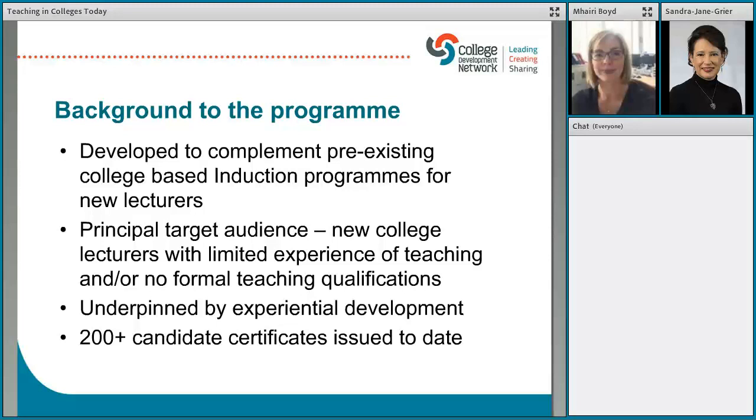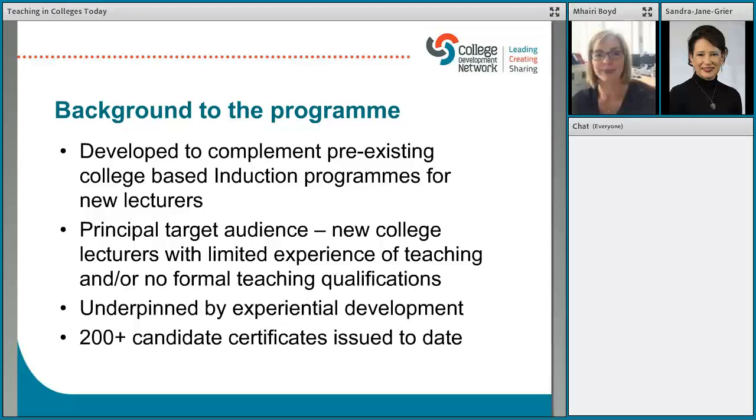We have a range of colleges currently using the TiCT materials, either formally delivering the unit within their colleges for new lecturers, but also informally for staff CPD purposes and updates, as its content aligns well with the current professional standards for college lecturers and also with the existing PDAs and TQFE programme content. And in this way, TiCT, we believe, provides a really useful focus that helps you ensure there are coherent pathways for staff progression.